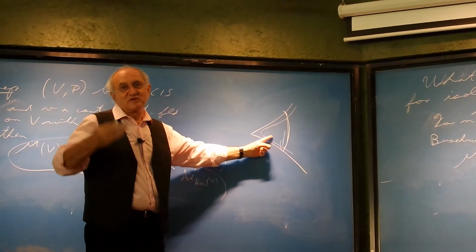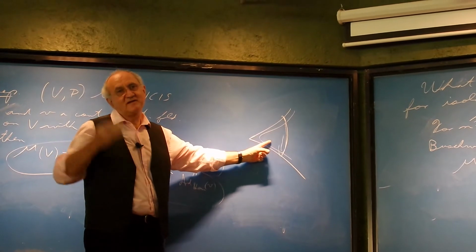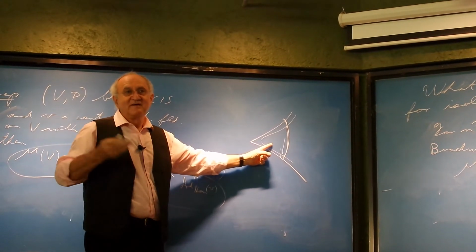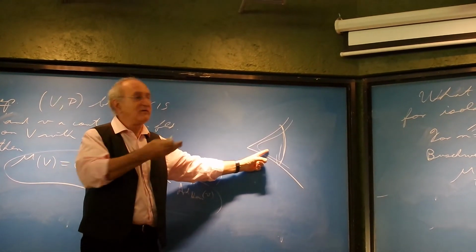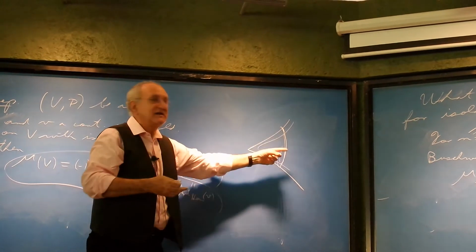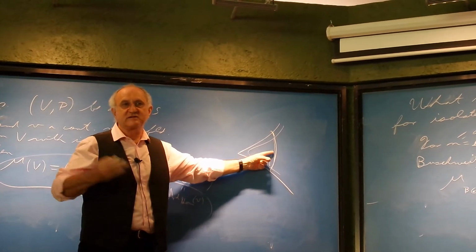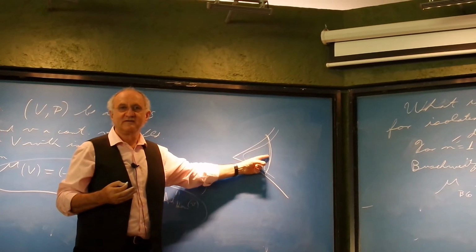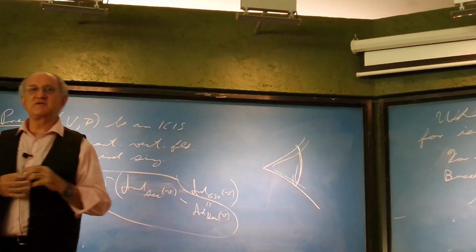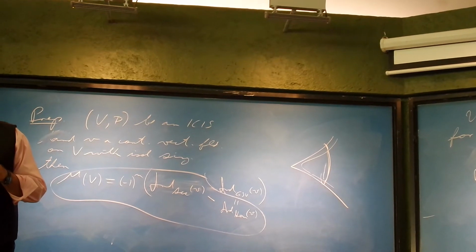And then someone showed, and they say it was Rene Thom, gave an example of a singularity in which the link cannot represent 0 in complex cobordism. So that singularity cannot be smoothed. This is very beautiful, very deep.